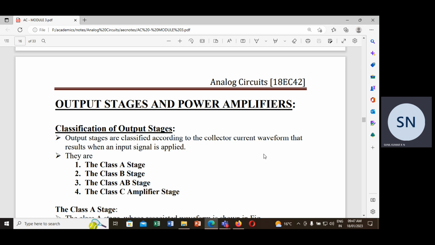So now today we will see what is the... In module 1, we have used biasing of the amplifier, right? So biasing of the amplifier.